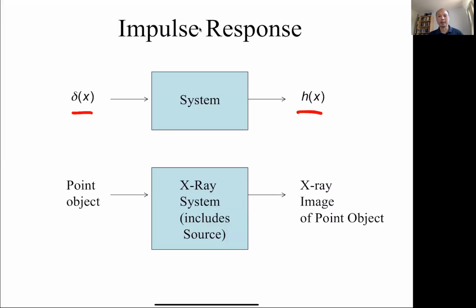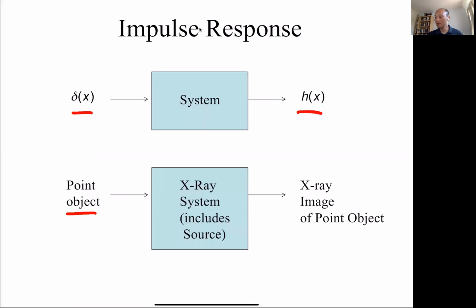Mathematically, we're going to use the delta function. Then in a practical system, such as the X-ray system that you've been looking at with Professor McVeigh, we might put a point object into our system, and the X-ray image of that point object is then the impulse response.